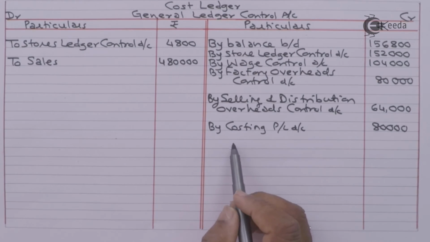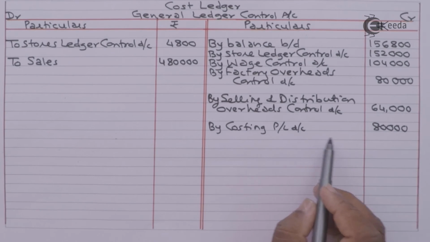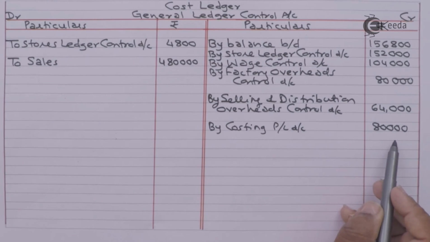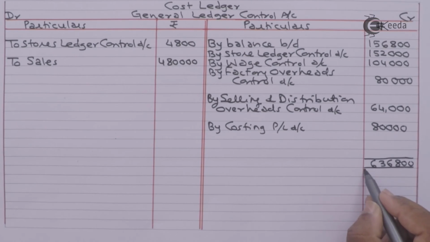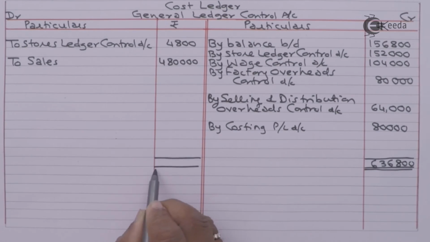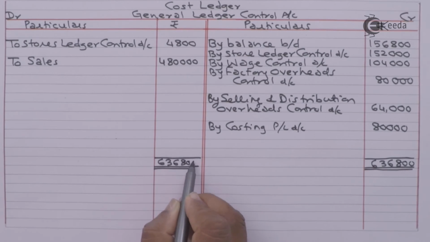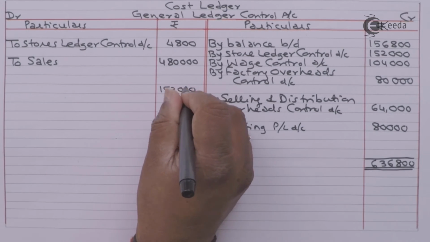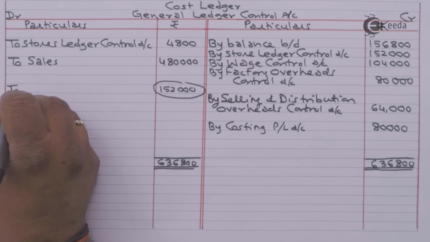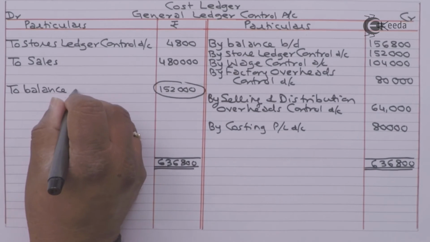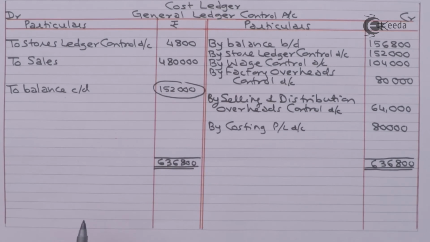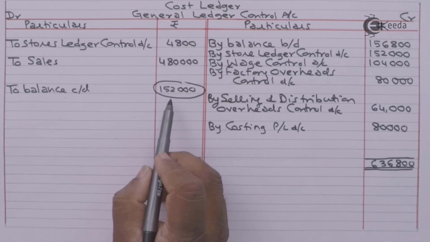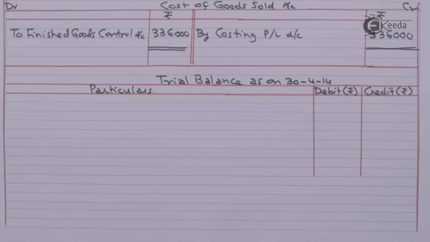General ledger adjustment account credit side by costing profit and loss account. Profit transfer 80,000. We have closed general ledger control account. On debit side, it is showing balancing figure 1,52,000. Let us transfer these values to trial balance.